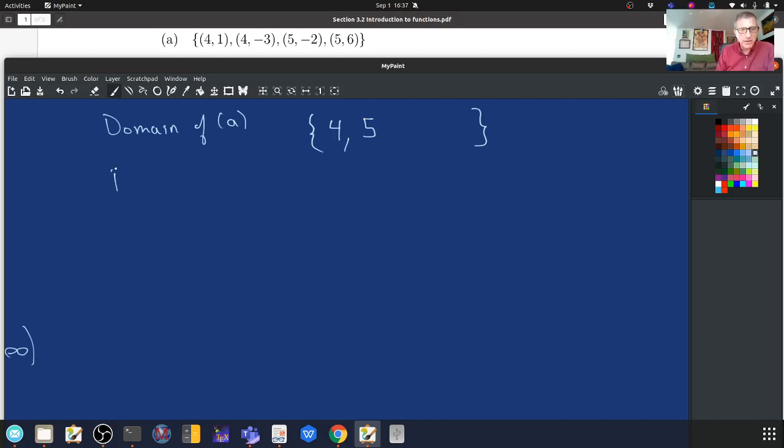So let's find the range of A. Well, again, it's another set, and now I'm just grabbing the y values. So there's a 1, a -3, a -2, and a 6. So that's the range of A. So that's not so bad.